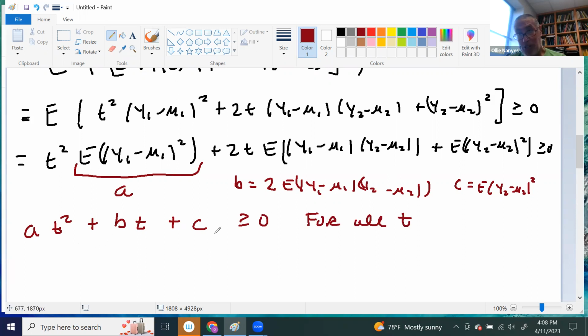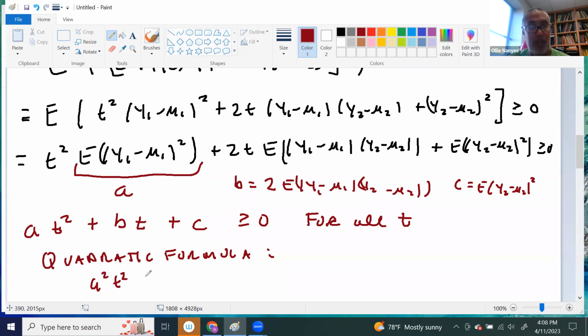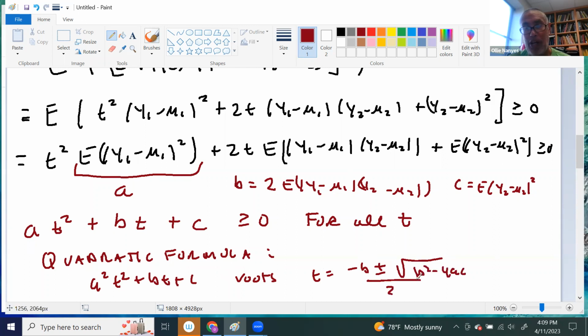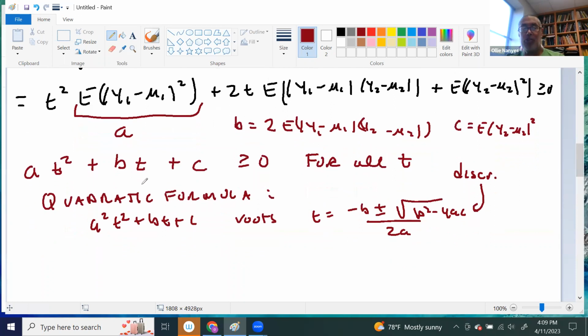Now, this is a polynomial, right? So what this means is, by the quadratic formula, the discriminant, and just to remind you of the quadratic formula, if you have a t squared plus b t plus c, the roots are t equals minus b plus or minus the square root of b squared minus 4ac, all over 2a. This part is called the discriminant. And this polynomial is greater than or equal to 0 for all t.